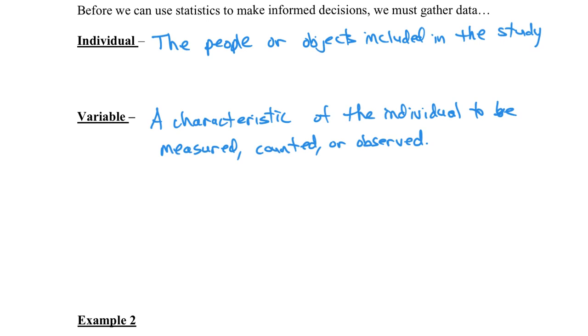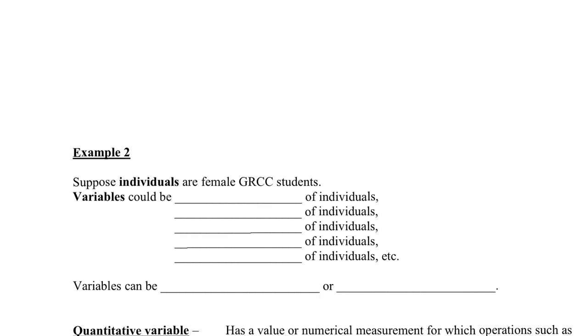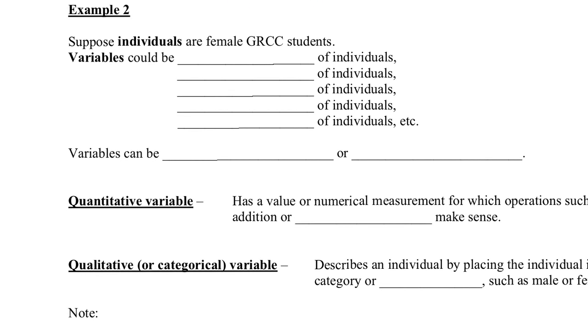Okay, so as an example, we'll find out why later, but often if you are studying human populations, you want to divide them by gender. So you have either all males or all females. We'll see why later, but for this example, let's say we've got some individuals and they are female GRCC students, and here are some possible variables.